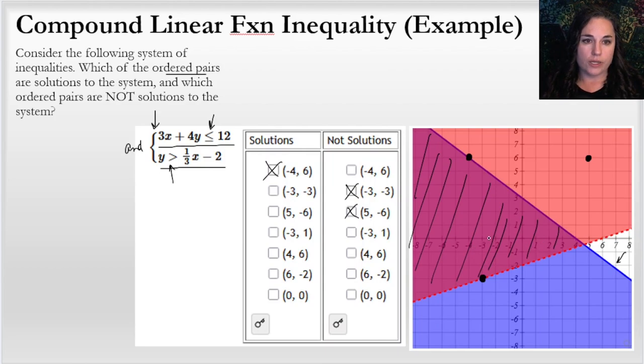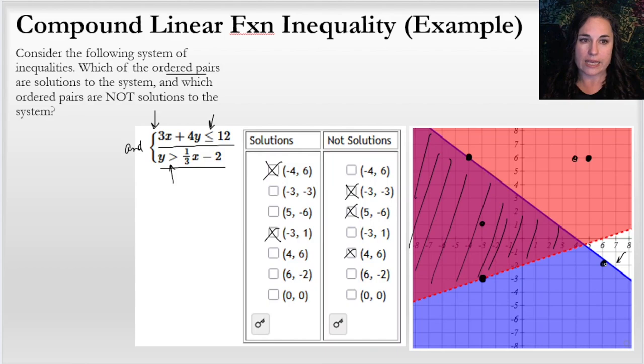Negative 3, 1, negative 3 comma 1, that lies in my region, yes. 4 comma 6, that's outside, I'm going to say no. 6 comma negative 2, 6 comma negative 2.